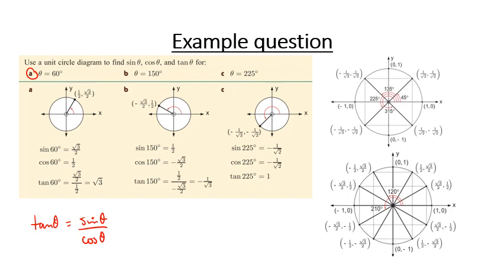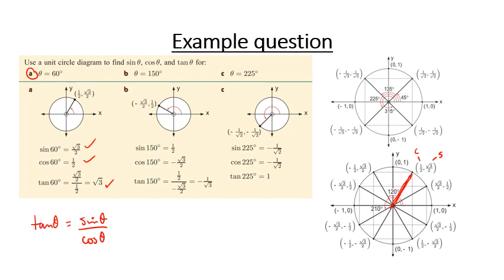If we're looking at theta 60, here is theta 60, this is sine, this is cosine, so that's where we get these two answers. Now if we put into our calculator our sine divided by our cosine, we end up with root 3.